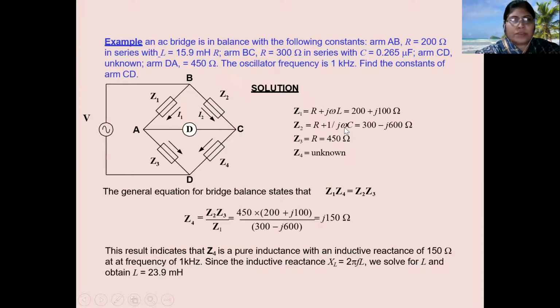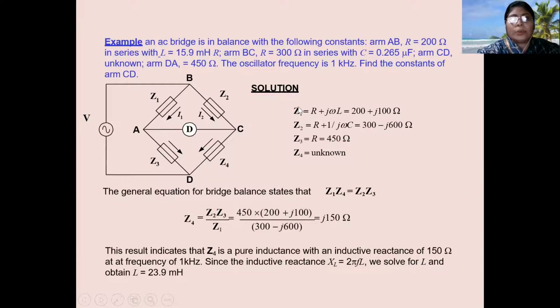Omega is 2 pi f, that is 2 into pi into f, where f is 1 kilohertz. If I solve this term, 2 into pi into 1 into 10 raised to 3 multiplied by 15.9 into 10 raised to minus 3, this is going to give 100. So Z1 is equal to R plus j omega L, which becomes 200 plus j100 ohm.